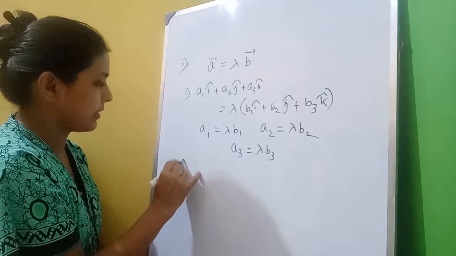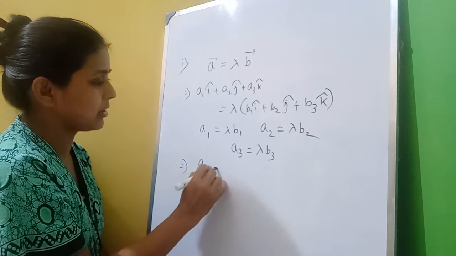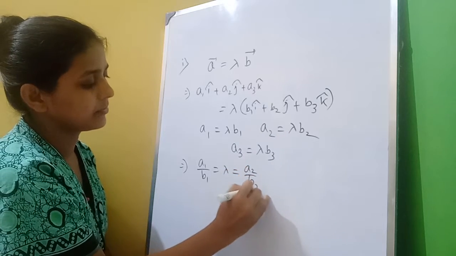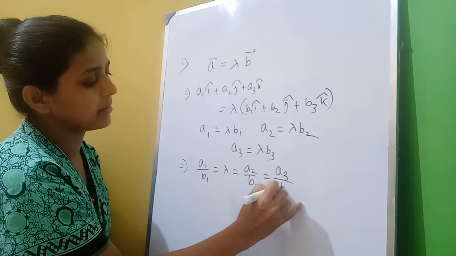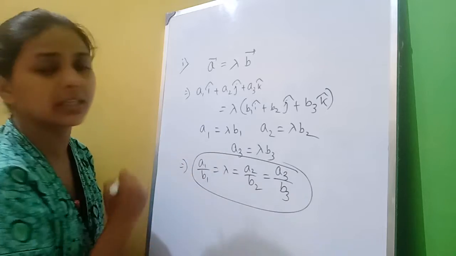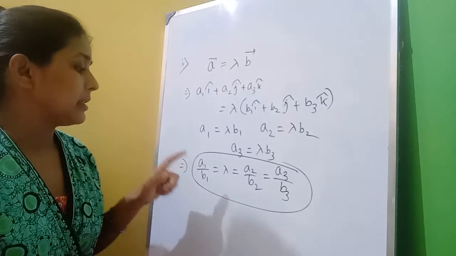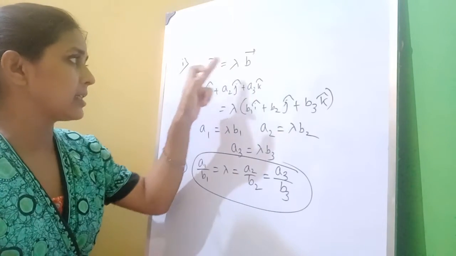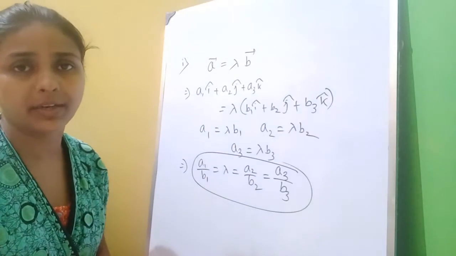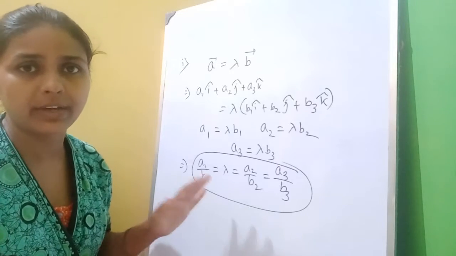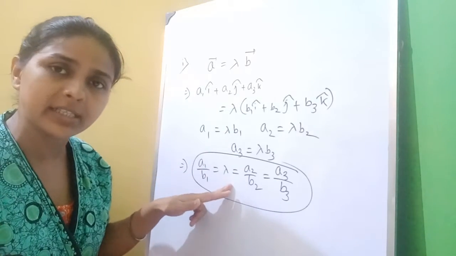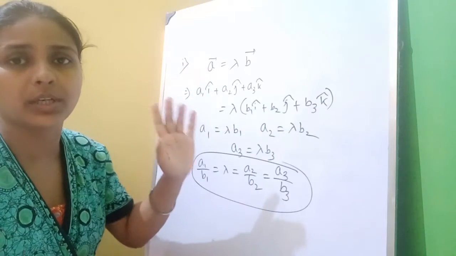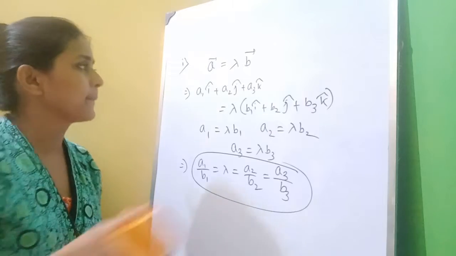From all 3 points, we can write A1 by B1 equals lambda, lambda equals A2 by B2, and lambda equals A3 by B3. So this relation can be written. That means if we get this type of relation, we can say that the vectors are collinear vectors, and its condition will be this. Okay?